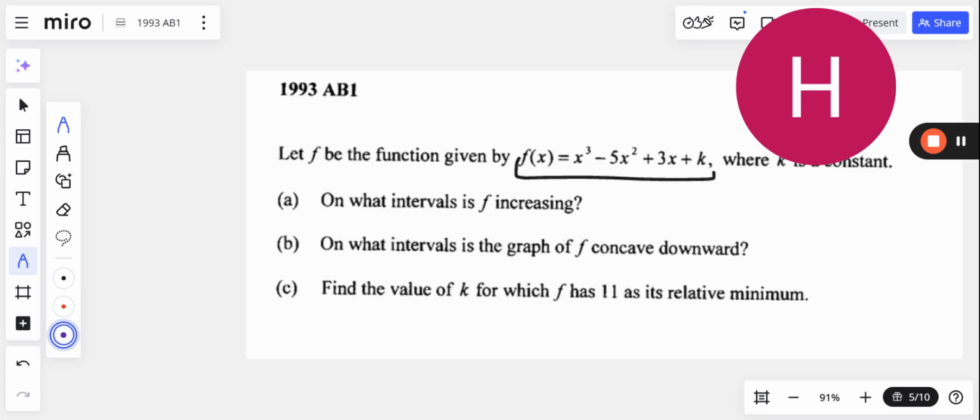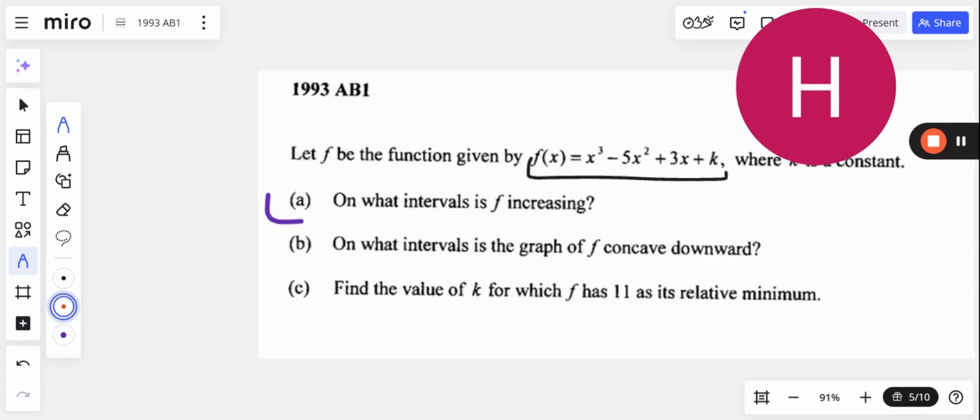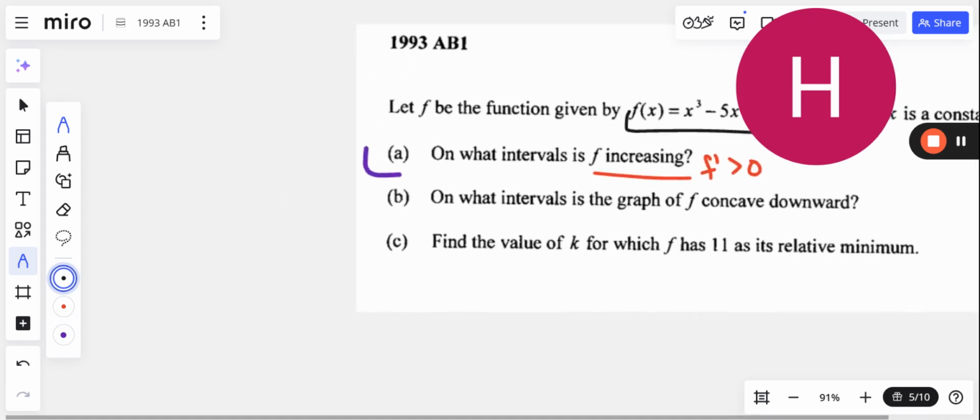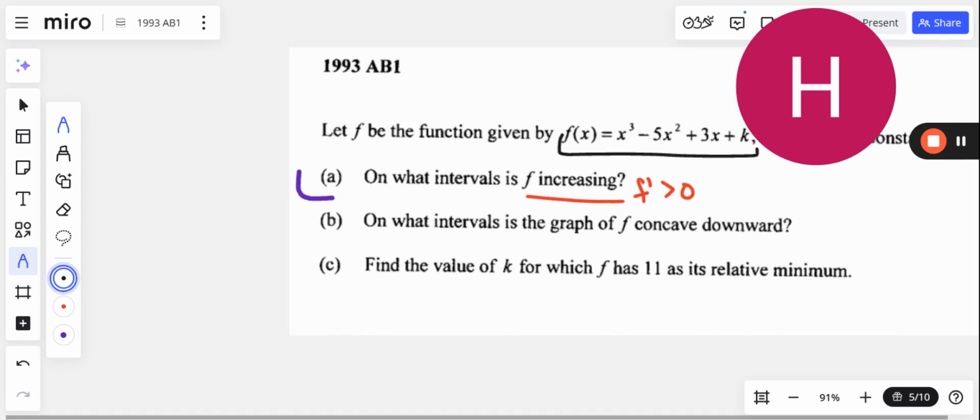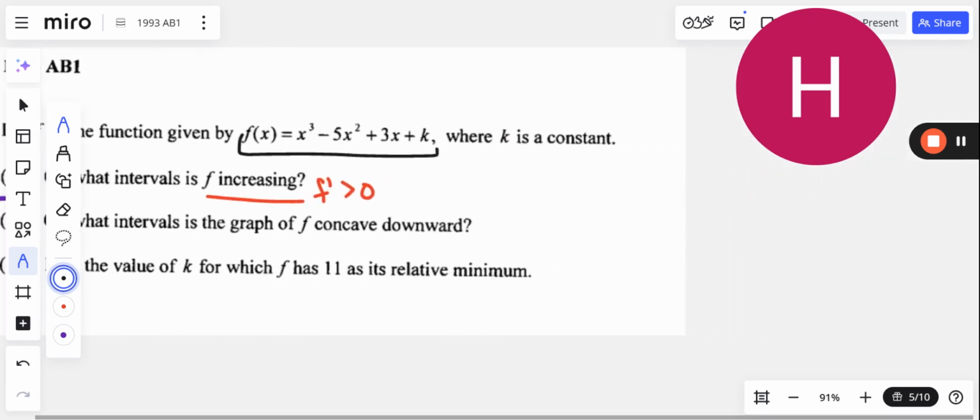So let's address this starting with part A. On what intervals is f increasing? So increasing means f prime is positive. The slope is positive. So let's set f prime, which will be a quadratic function, yes, because f prime is the derivative of a cubic.